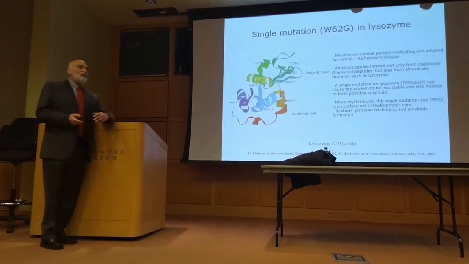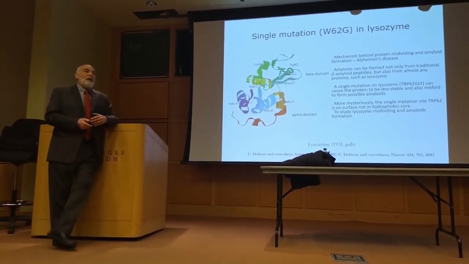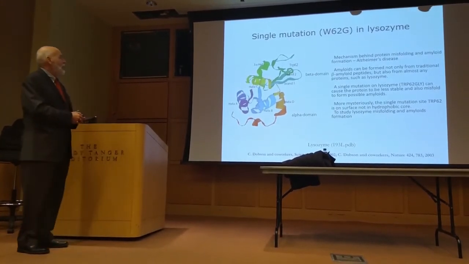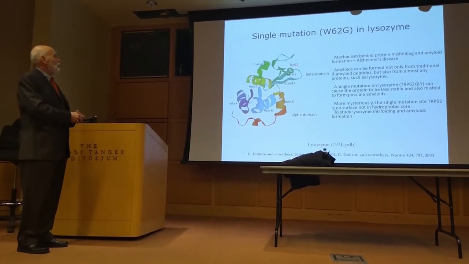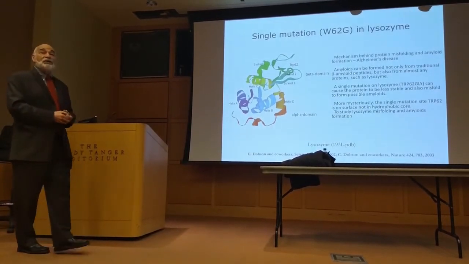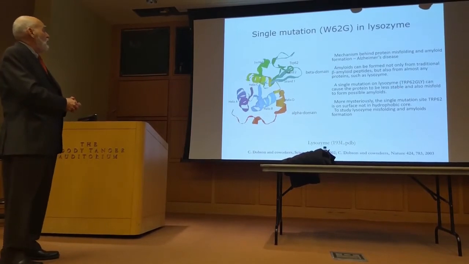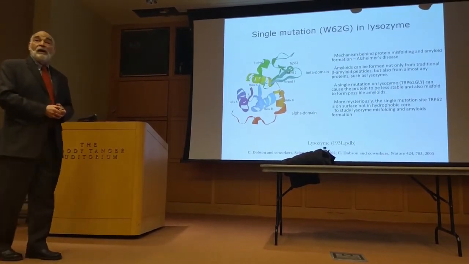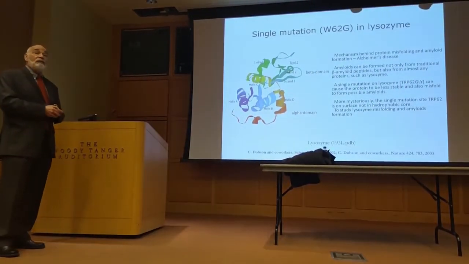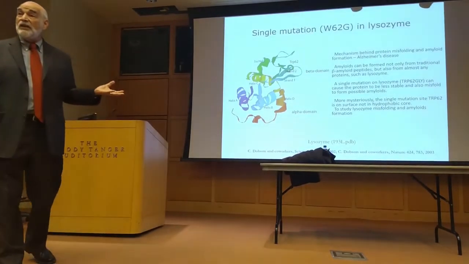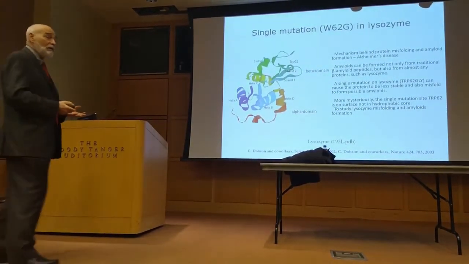Incidentally, if you make a mutation at this tryptophan residue 62, and you mutate it to glycine, the protein unfolds even in water. In other words, a single point mutation causes the denaturation of the protein.